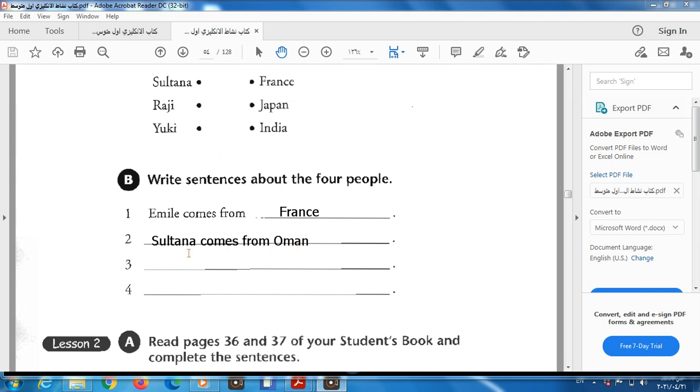Number 3, Raji comes from India. Now Yuki comes from Japan.